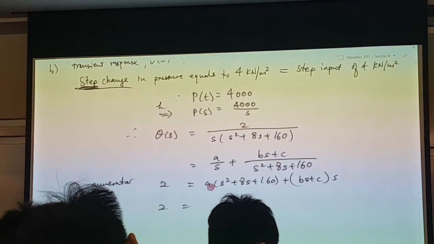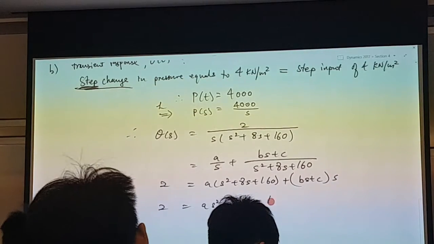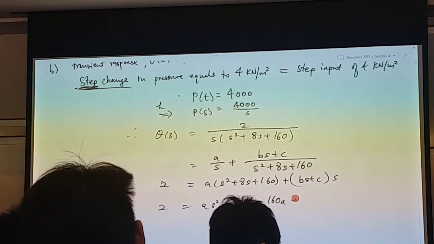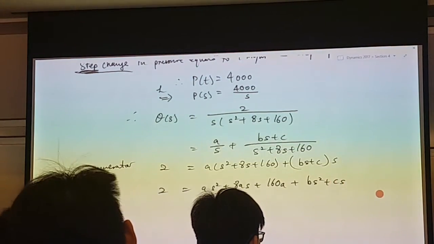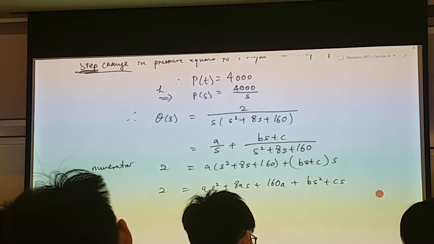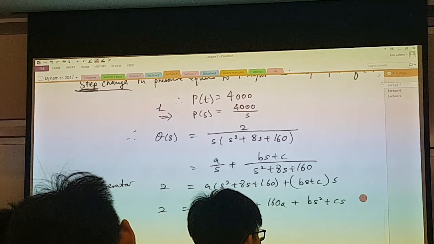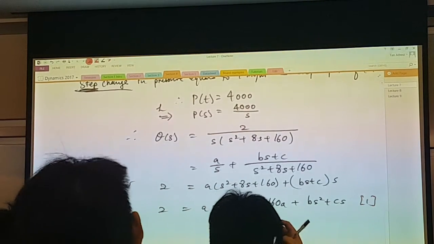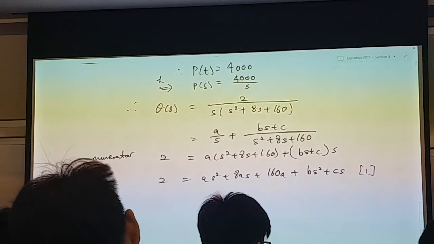So let's multiply it in there. As squared plus 8As plus 160A plus Bs squared plus Cs. So if you're able to get to this step, then in your marking scheme, this will get equal mark. So let's do the coefficient comparisons.